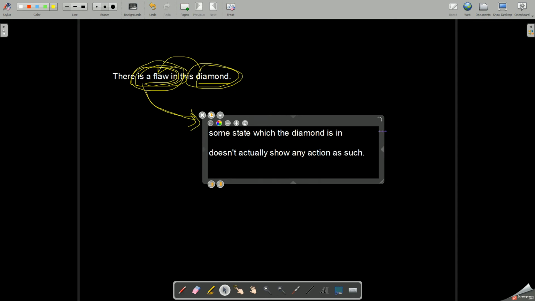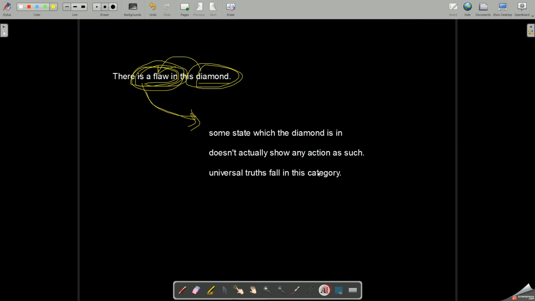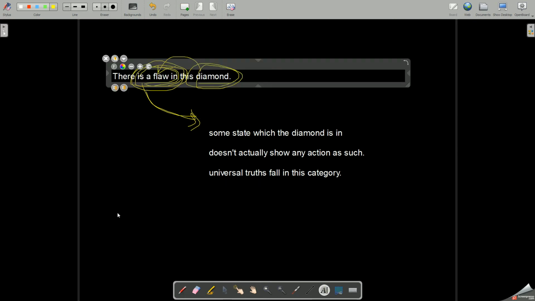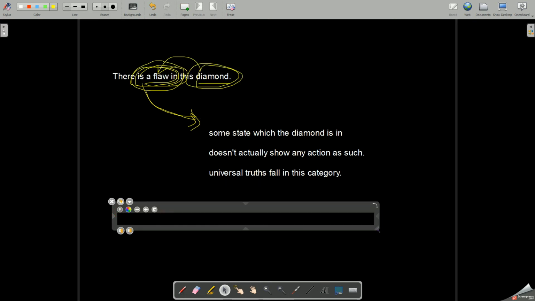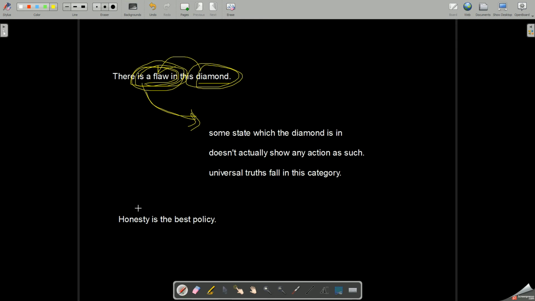All kinds of universal truths also fall in this category. For example, if I say honesty is the best policy, honesty is the subject of the statement, and is the best policy.